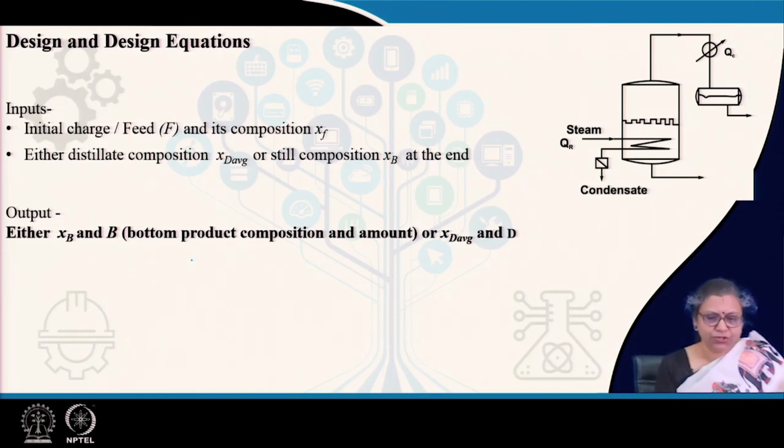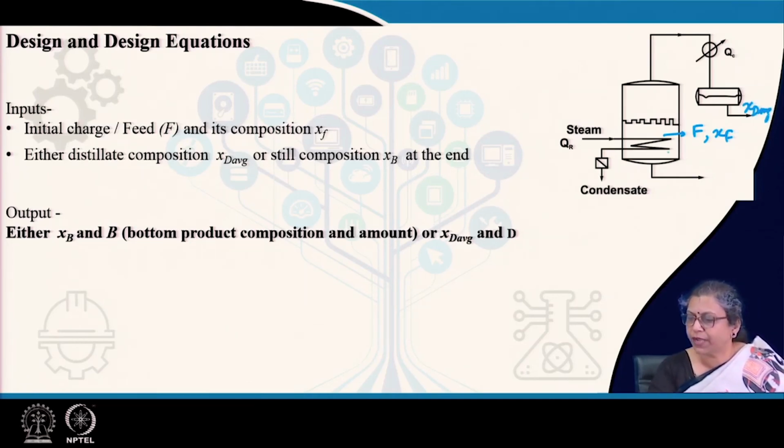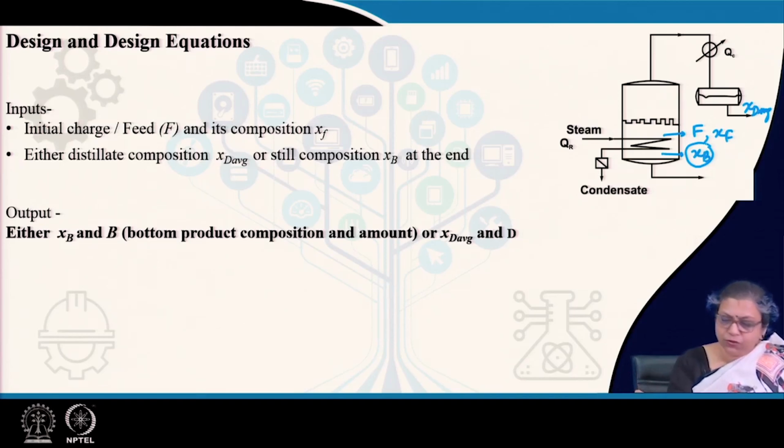Usually, what are the inputs, you tell me? The feed is the input, the XF is the input, right? And as I have told you, either XD average will be specified, or maybe here XB, that will be specified, according to which we are going to perform the operations.